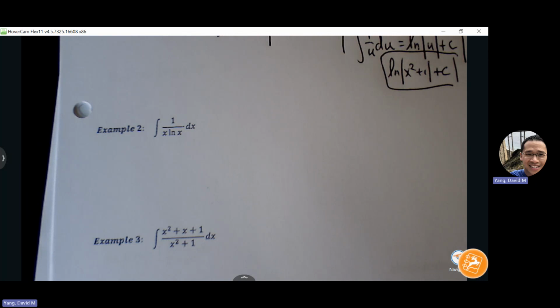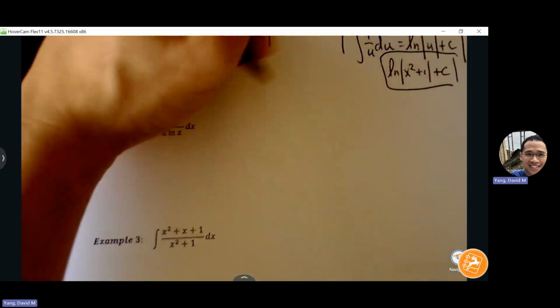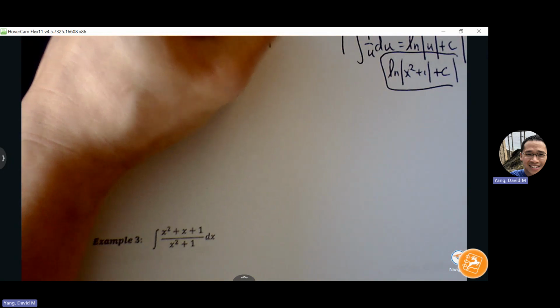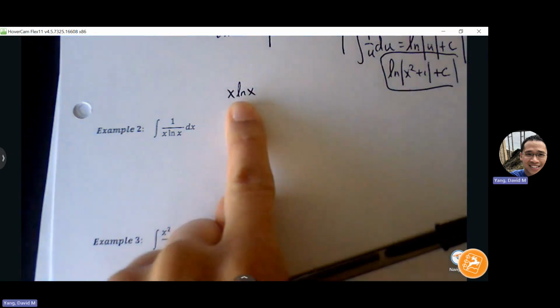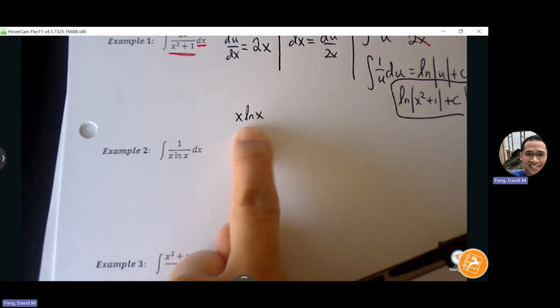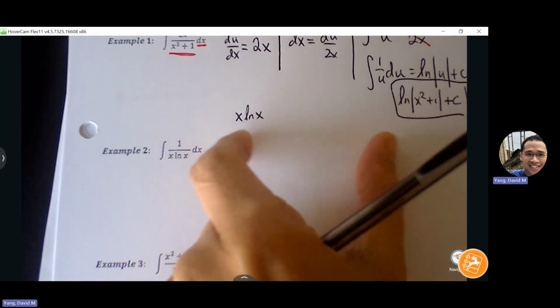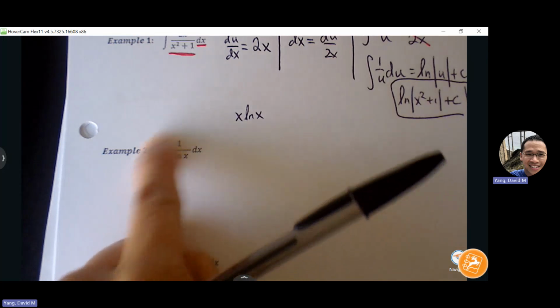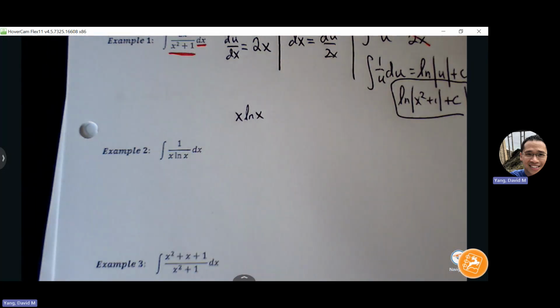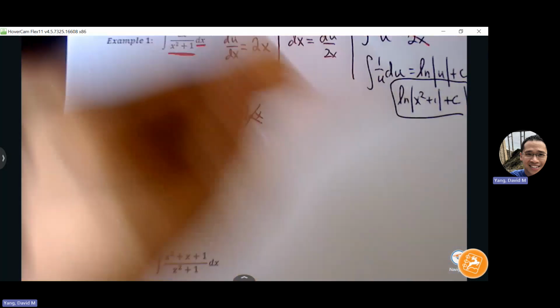Or the exponential of x. So the issue is if my u value is x natural log of x, what would the derivative of this be? I would have to go through what? Product rule, right? If I went through product rule, it's going to leave me a whole big mess that this problem is not equipped to cancel out, right? So it looks like this is a little bit too much for us to do.